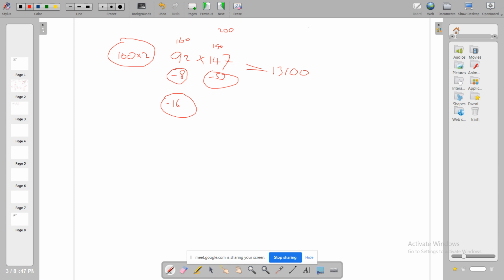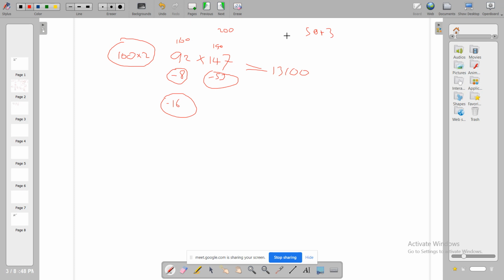So here, if you are using the breakdown rule, it should be 50 plus what? 8. A 50 plus 3. What is the answer? You can write. So the breakdown rule, you have this.